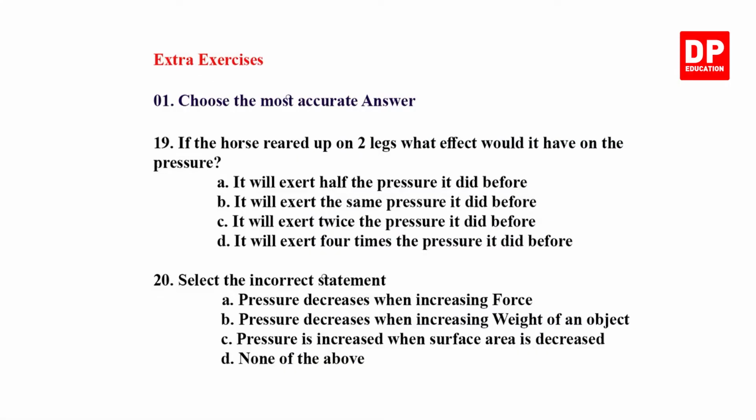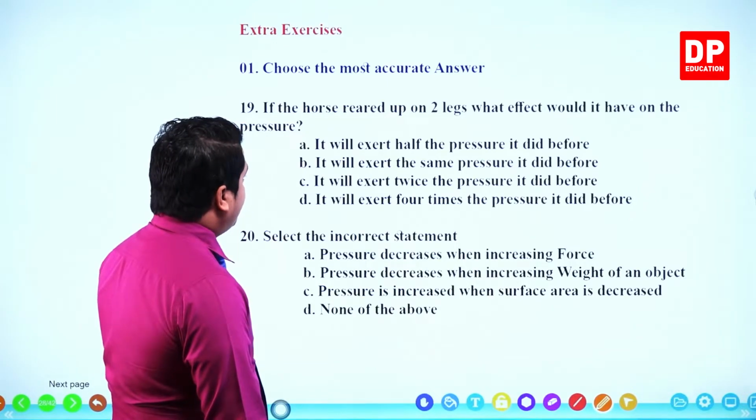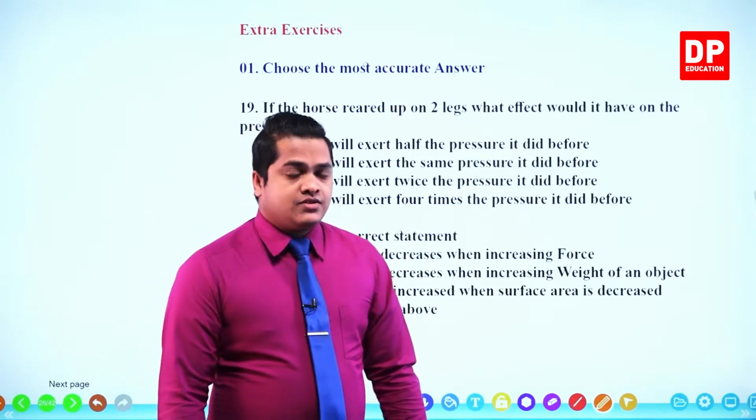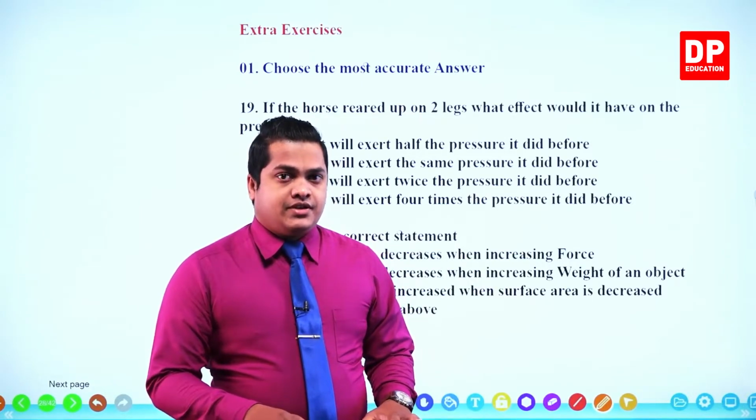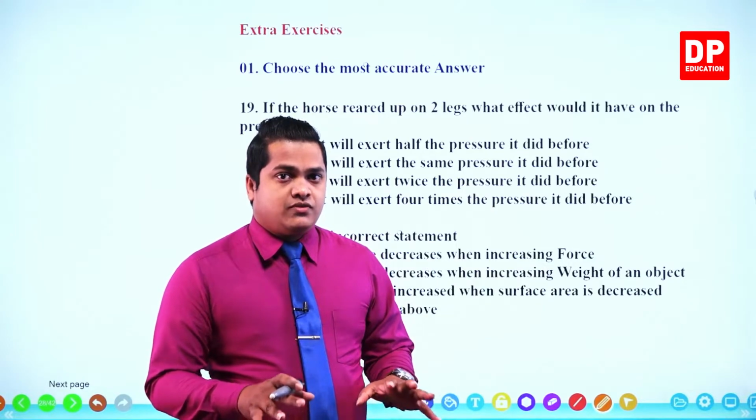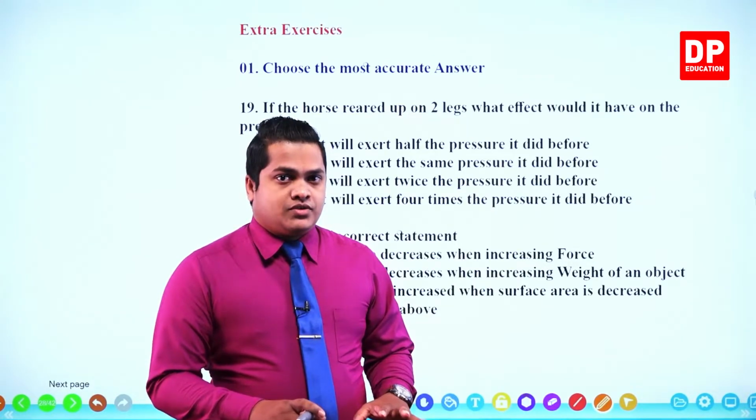If the horse runs up on 2 legs, what effect would it have on the pressure? Now you know that the horse is going to use his 4 legs to stand on the ground.